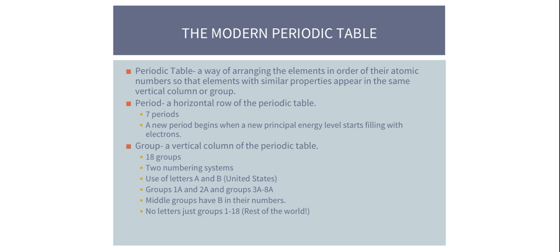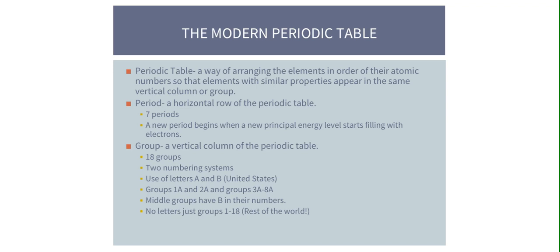So we need to distinguish what's a group and what's a period, because you've probably heard me say these words in class, but I have not officially taught you what a period and a group are identified as. A period is a horizontal row of the periodic table.